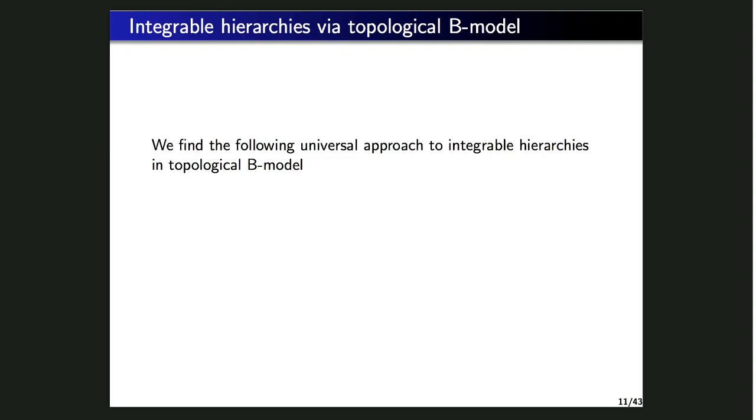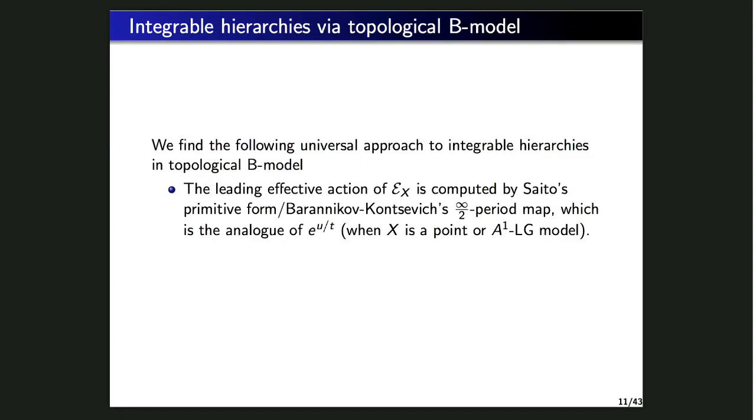Now, here's the interpretation for this integrable hierarchy from this story. It's actually universal. It's quite interesting. So first of all, if you try to compute the leading terms of this push-forward, it turns out this leading term is computed exactly by Saito's primitive form and this Barannikov-Kontsevich semi-infinite period map.